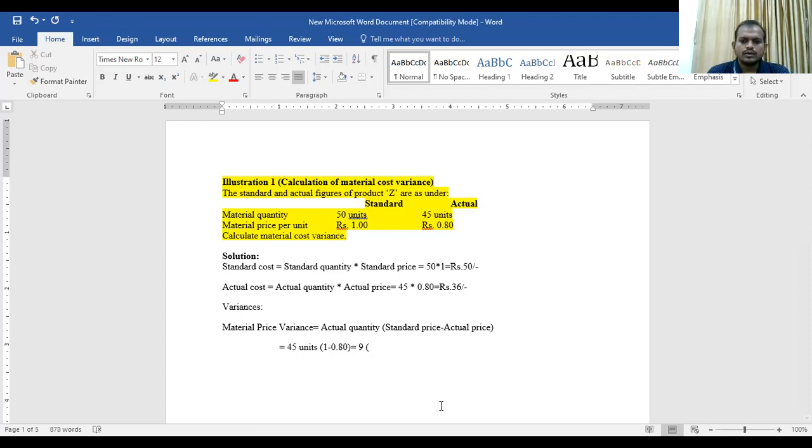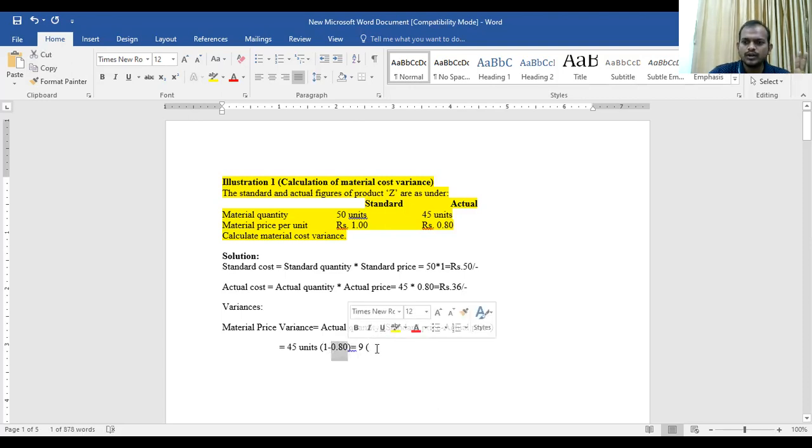So is it a favorable situation or an adverse situation? How do we have to determine this? See, this is the price. What we estimated is 1 rupee, right? So it means the company is ready to pay 1 rupee, but actually we paid 80 paisa only.